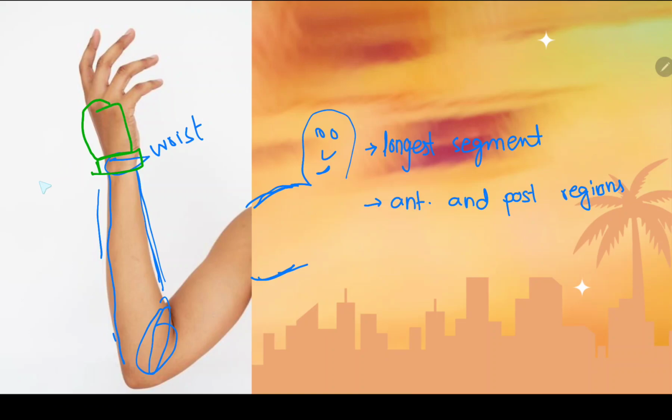This is the dorsum of the hand, and the underside is the palm, right? And these are all the fingers. We will study the osteology of each part of the upper limb later. Today's class is basically the overview of the upper limb, right?